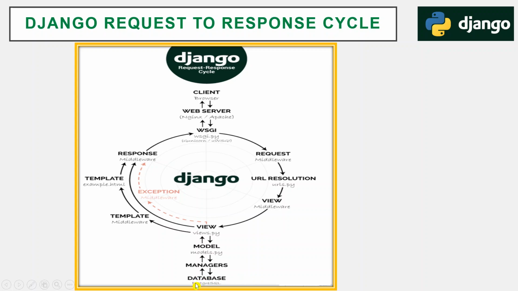And if you use PostgreSQL, then the same Python classes will be converted to the corresponding PostgreSQL native statements. That much flexibility is there in Django, friends. Now we are going to study this part, the model layer.